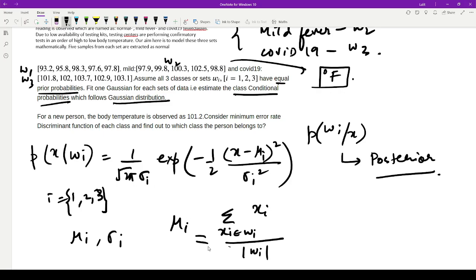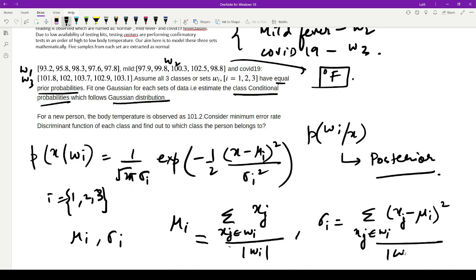My notations are like this. And once you get mu i, sigma i will be again the sum over the same set of x j minus mu i, divided by the number of elements. Okay, so this is the usual mean and variance formula.